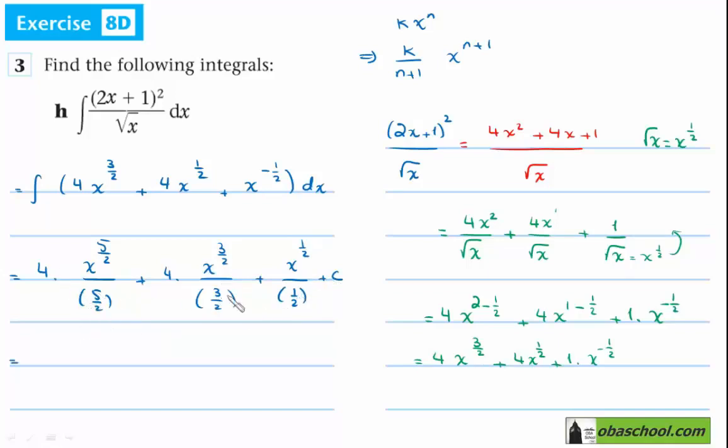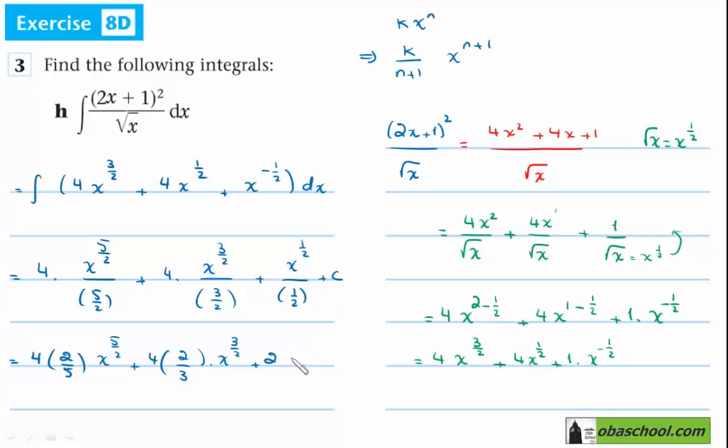This is equal to, now we are going to get rid of the denominators, or rewrite it. So the reciprocal of the first denominator is 2 over 5 multiplied by 4 multiplied by x to the power 5 over 2. Similarly with the second term, it's 4 multiplied by 2 over 3 multiplied by x to the power 3 over 2.